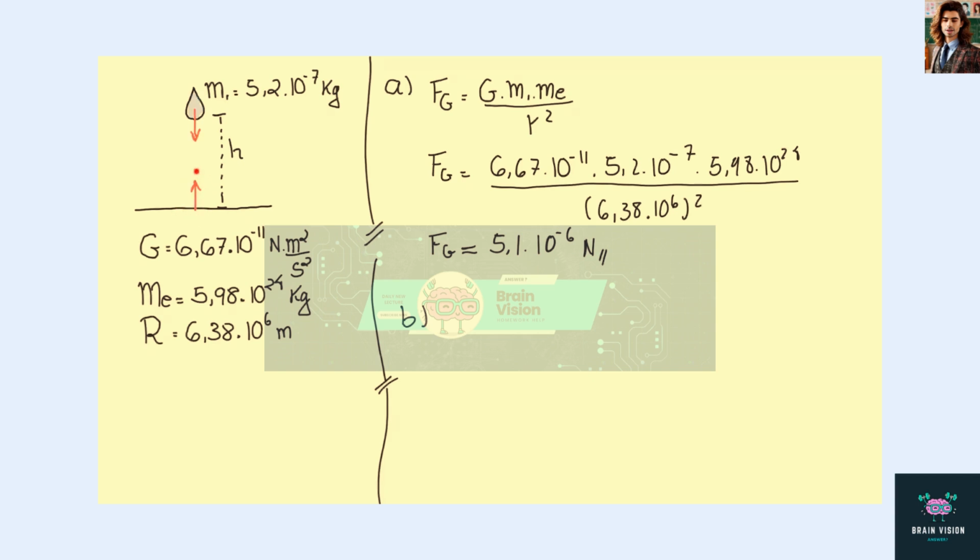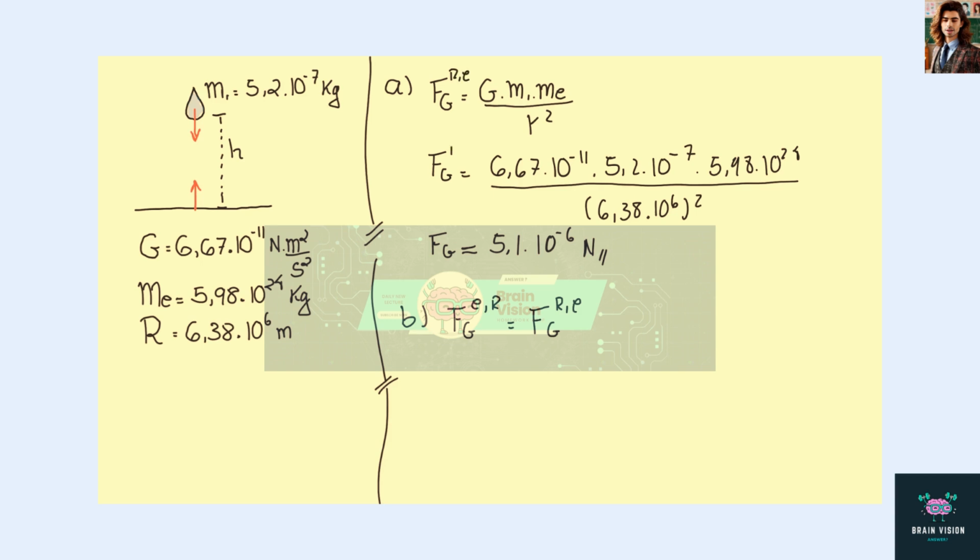So, the raindrop pulled the Earth towards it, and the Earth pulled the raindrop towards it, but with the same magnitude. Therefore, the magnitude of the gravitational force exerted on Earth by the raindrop is equal to the magnitude of the gravitational force exerted on the raindrop by the Earth, which is what we had just calculated.